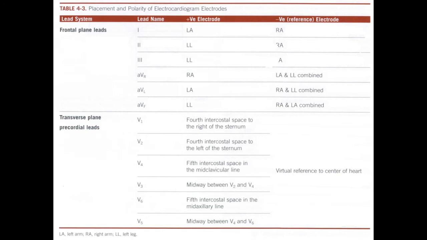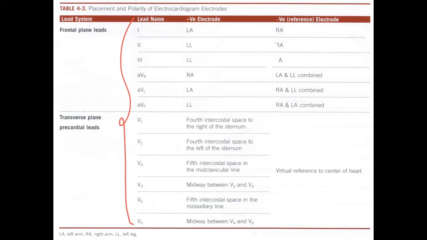So when we put all those three different systems together, it gives us a total of 12 different angles and directions of looking at the electrical activity from the heart that we are able to do.